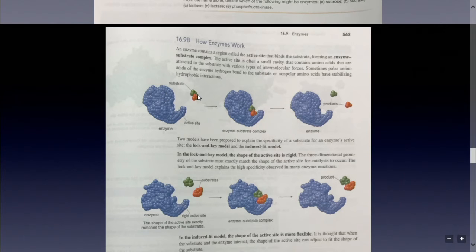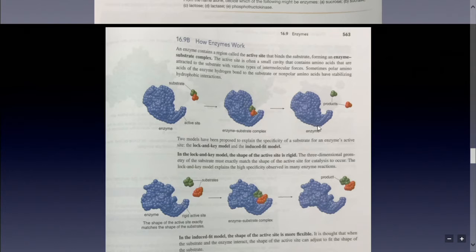Here's our substrate. And the way it works, at least in the lock and key model that we'll discuss first, is you have this active site. It's almost like a landing pad on the enzyme, and the substrate fits like a lock and key. See how it fits like a lock and a key? The substrate's like the key that fits into the lock, the enzyme.